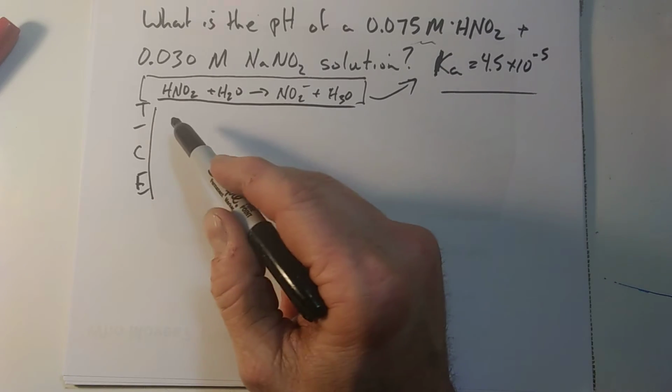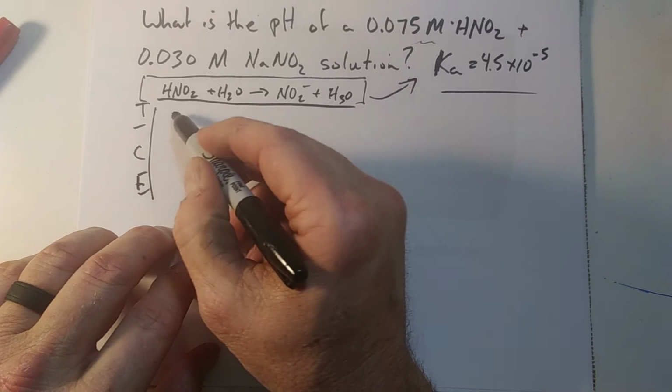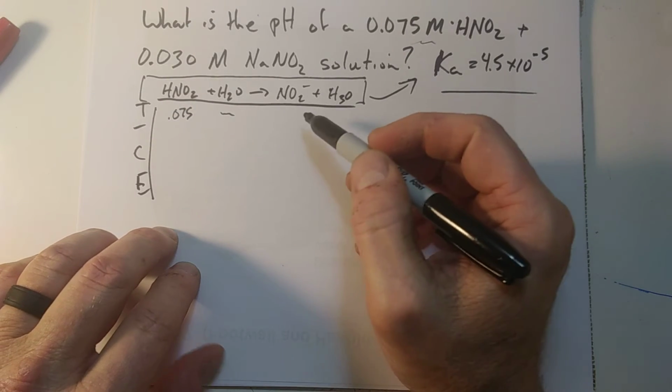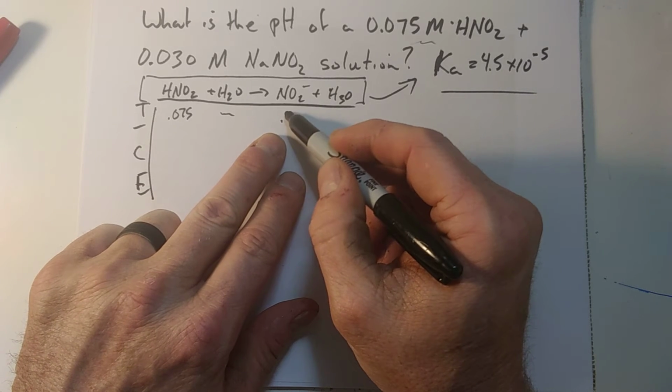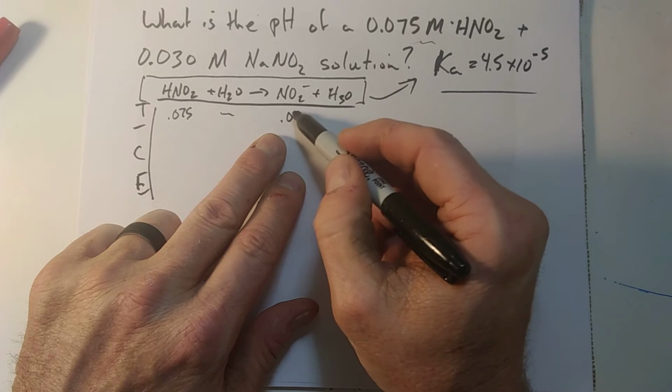All right, so initial concentration of HNO2 is 0.075. We don't worry about the water, there's an excess of it, and it stays at a certain concentration. And we say the nitrite ion is 0.03.